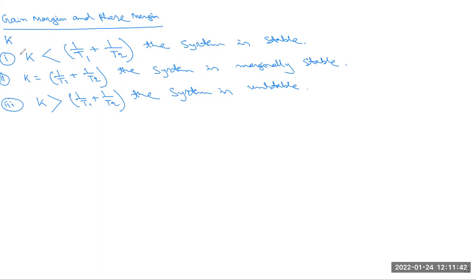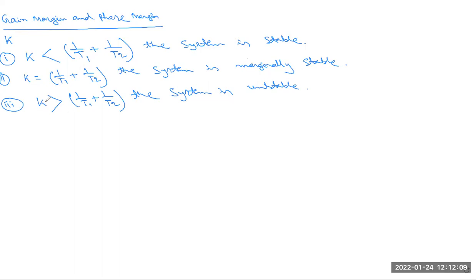When the value of the proportional constant is less than 1 by T1 plus 1 by T2, where T1 and T2 are different time responses in our control system, the system is stable. When K is equal to 1 by T1 plus 1 by T2, the system is marginally stable.